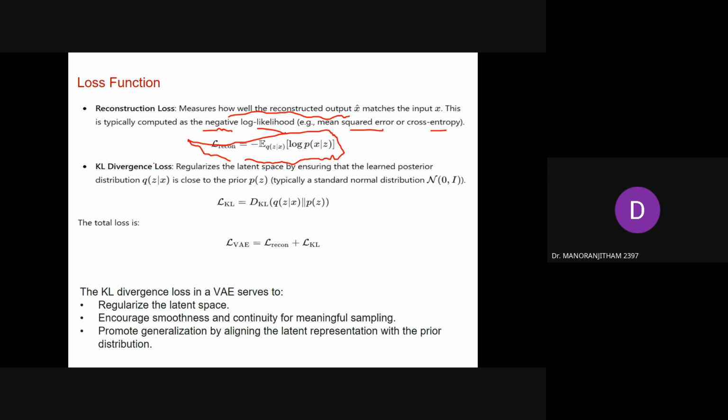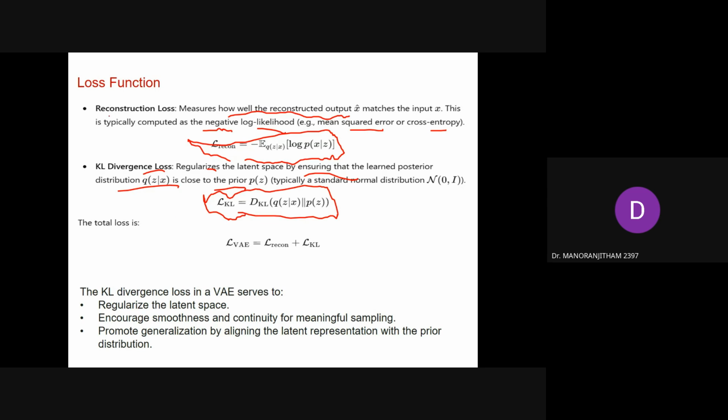Next one, regularization, which is the KL divergence loss. It regularizes the latent space by ensuring that the learned posterior distribution is close to the prior distribution. These are the formulas used to find the KL divergence loss.